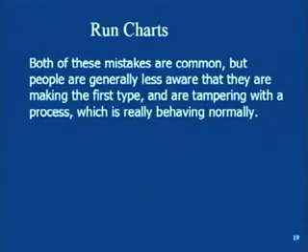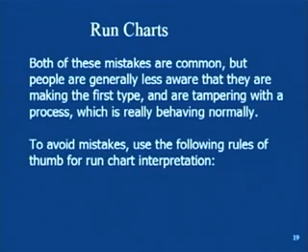Both of these mistakes are common, but people are generally less aware that they are making the first type and are tampering with a process which is really behaving normally. When we conclude that something is wrong although the process is behaving normally, we try to correct the process, correcting a correct process basically.